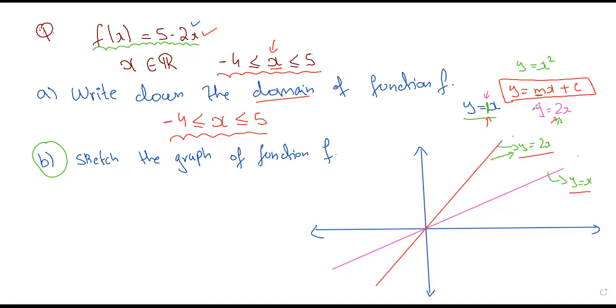If I talk about y equals 3x, I will get this green line, which is even steeper. If I talk about y equals 4x, I am going to get this yellow line. The slope is changing, and that is why the steepness is changing. Every other thing is the same. Is this understood?